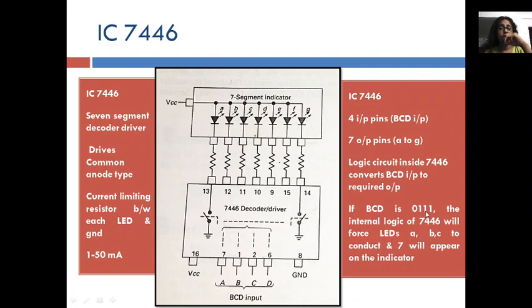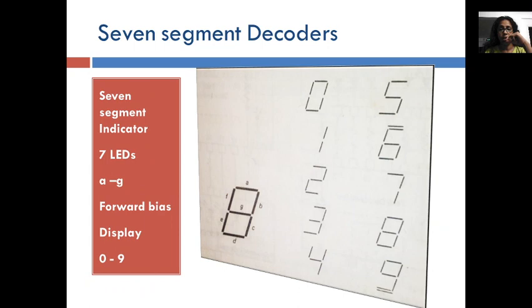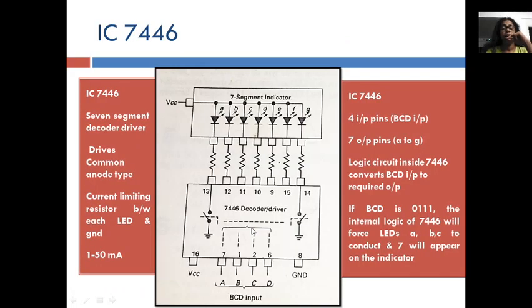So the internal logic of this IC will force the LEDs A, B, C to conduct, and 7 will appear on the indicator. To display 7, which LEDs should work? A, B, C. Okay, so if BCD is 0, 1, 1, 1, the internal logic of the IC will force the LEDs A, B, C to conduct, and it will display 7 on the indicator.